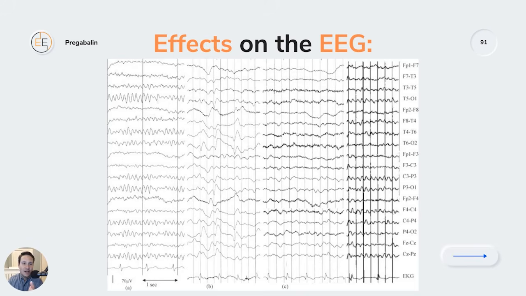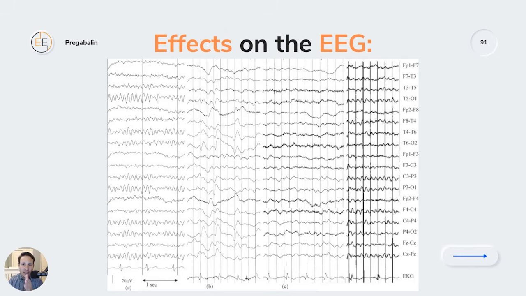So this is interesting. Right here on the left in A, you have a normal EEG 2 weeks before onset of pregabalin treatment. B, you have EEG 2 days after the onset of the psychotic episode. You have generalized slowing, epileptiform discharges in both posterior head regions, maximal on the right.